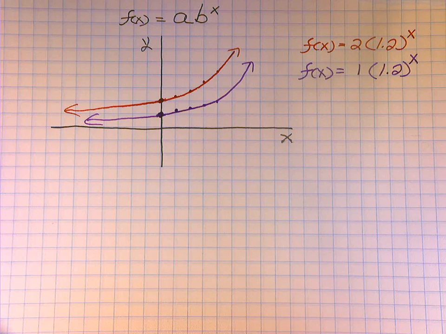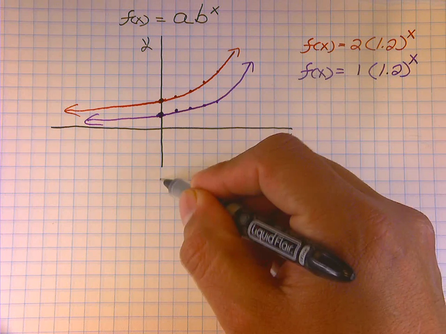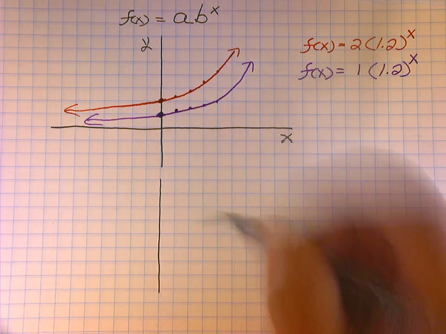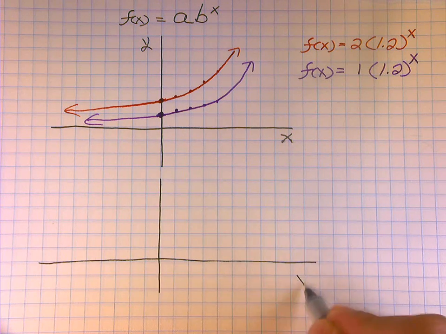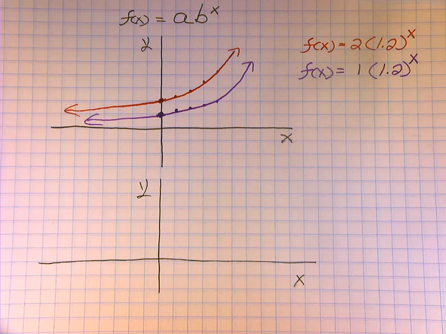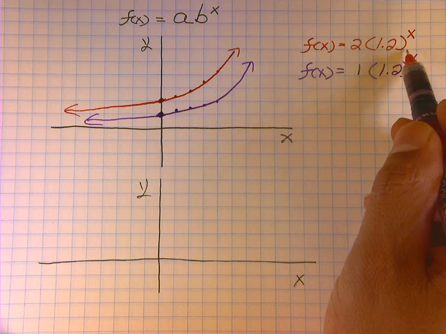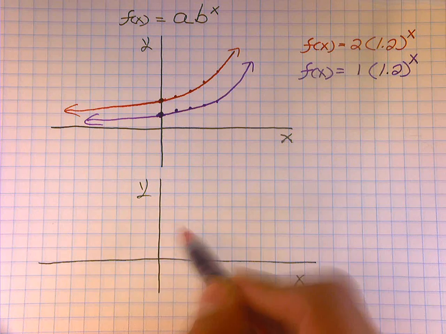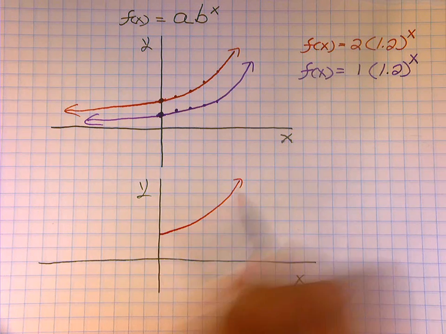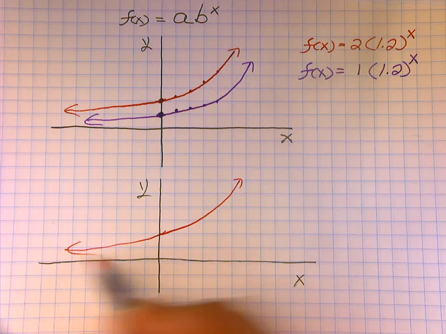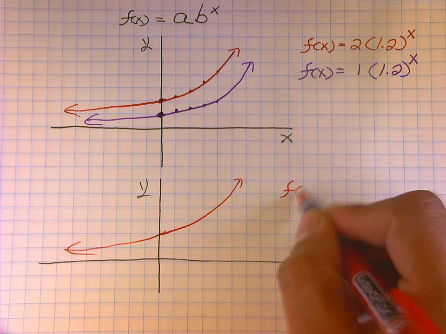Now, if we were to change the factor, we end up with a very different situation. Let's start off still with the original y equals 2 times 1.2 to the x. So we basically have a graph that looks like this, just a rough graph.